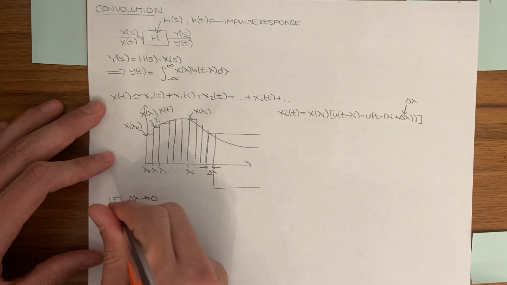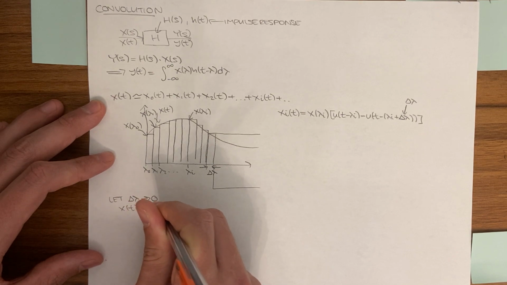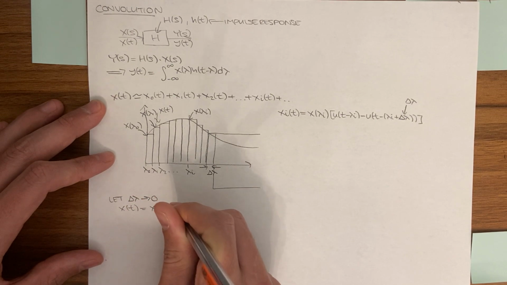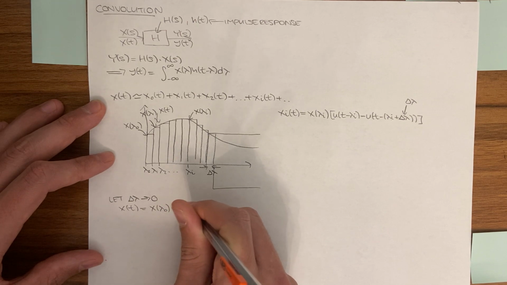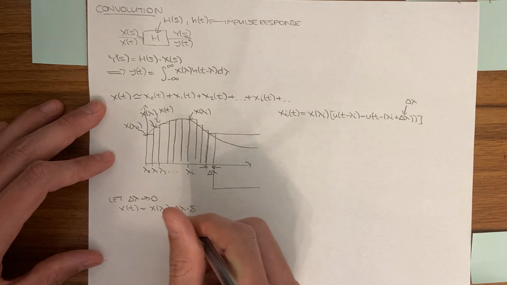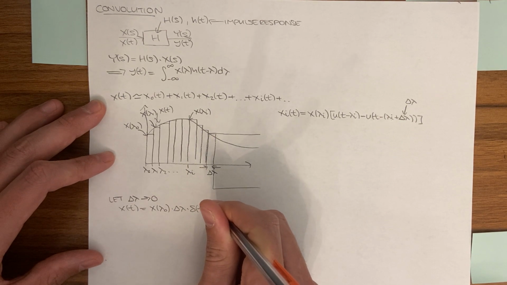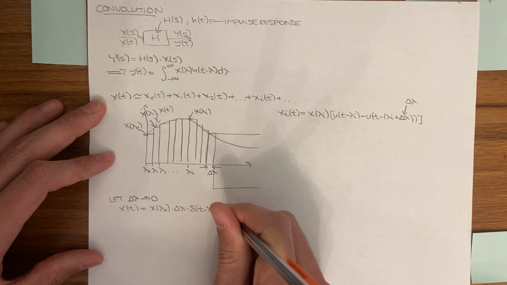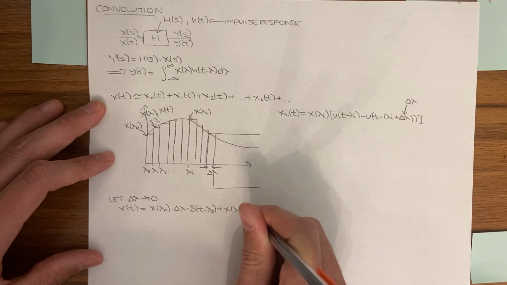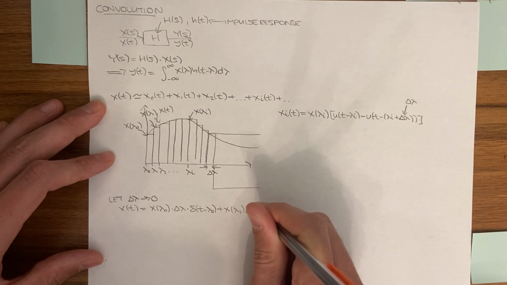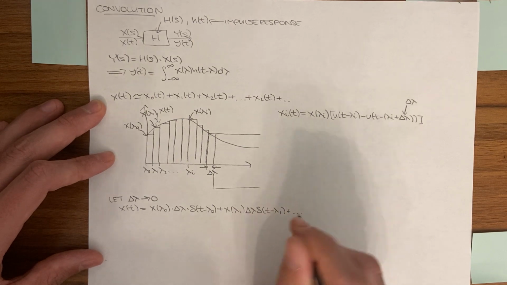We can say then that x(t) is equal to x(lambda 0) times delta lambda times the delta function, delta(t minus lambda 0), plus x(lambda 1) delta lambda delta(t minus lambda 1), and so forth.